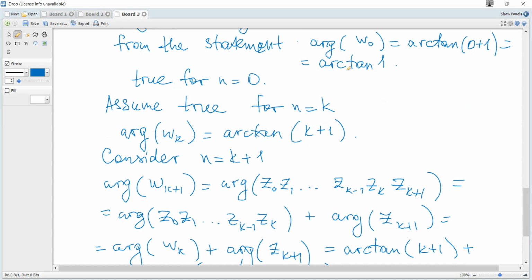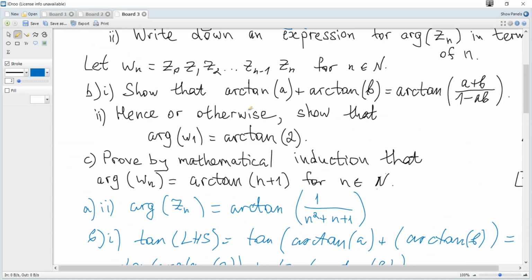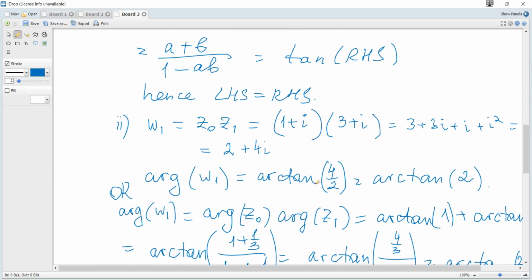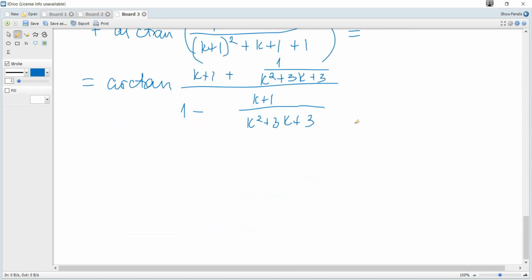Just use this formula, arctangent A plus arctangent B. And we need to simplify it.